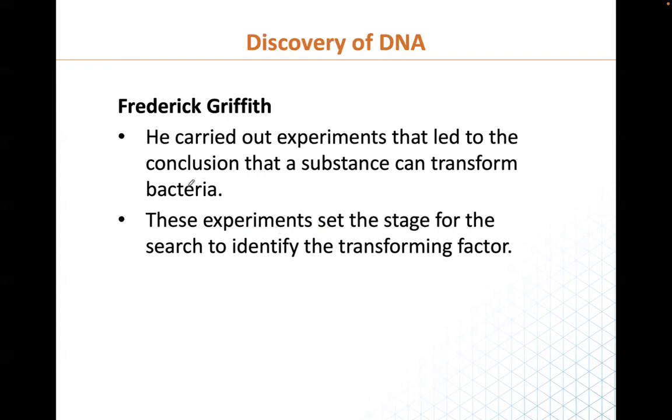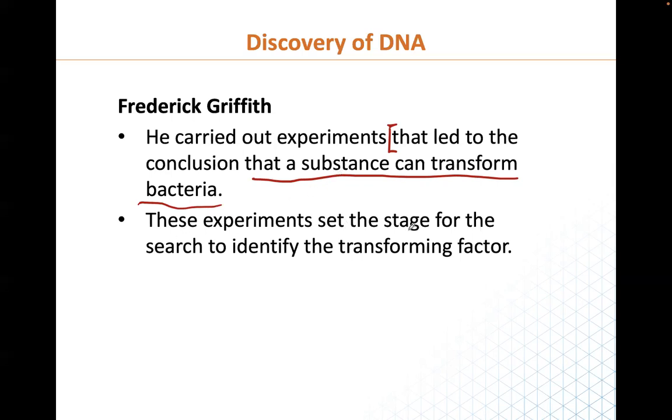You need to be very mindful about the discoveries of each of the scientists. Frederick Griffith carried out the experiment that led him to conclude that a substance can transform bacteria from one which is not causing disease to a disease-causing one.